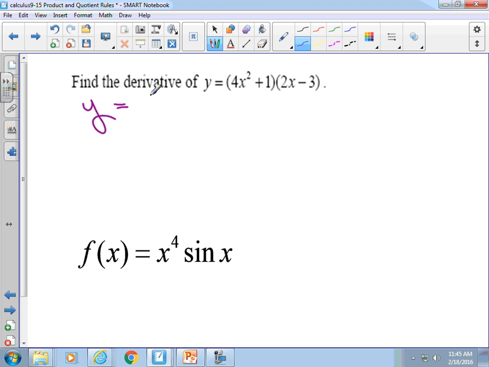Now, what if the right-hand piece were maybe a trinomial or 4 terms? You could still distribute, but then it might be easier to do a product rule. Does everyone kind of know what I mean by that? There is a time when a product rule would be easier. This is not it. That makes sense?